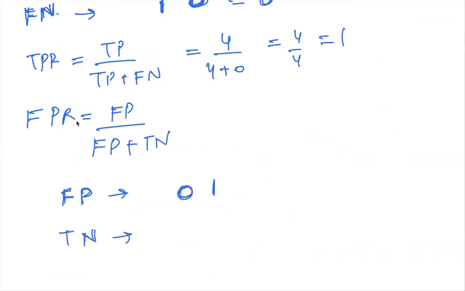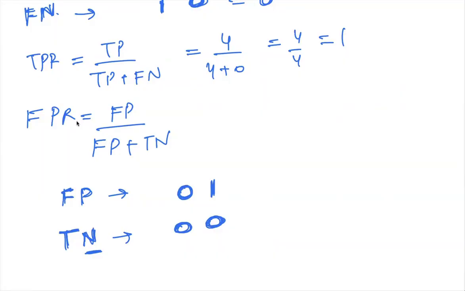True negative means prediction is negative, there was no default, and in reality also there was no default. So positive means there was a default, and false means opposite. Negative means there was no default, and true means yes, it is correct.